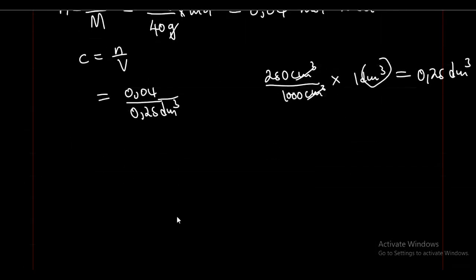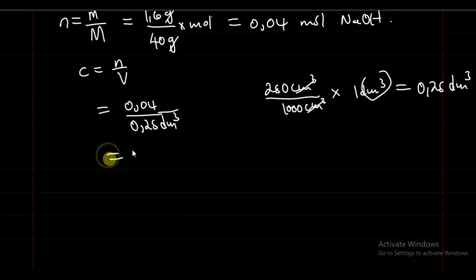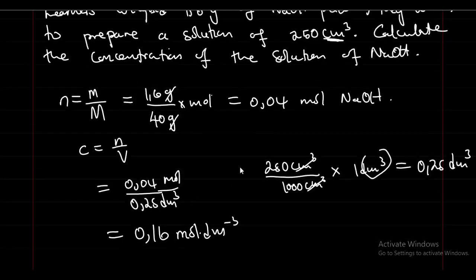Okay, so now 0.04 divided by 0.25, how much are we going to have? We're going to have a concentration of 0.16 mole per decimeter cube. Now this will be around 3 marks.